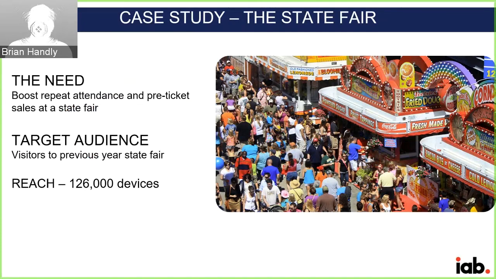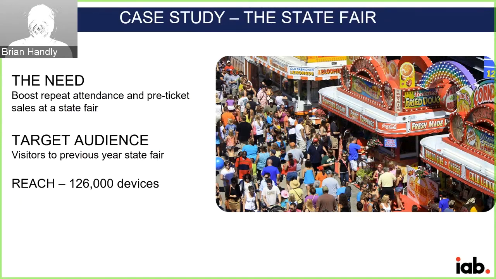This example is from a local publisher in Raleigh, North Carolina, and they have the North Carolina State Fair as a customer. What the fair wanted to do was have more pre-sale tickets. So they went to the publisher and asked for ideas, and the publisher said, well, we'll look back at our audience data, because they'd been collecting it for over a year, and see how many users they had that were at the fair last year.